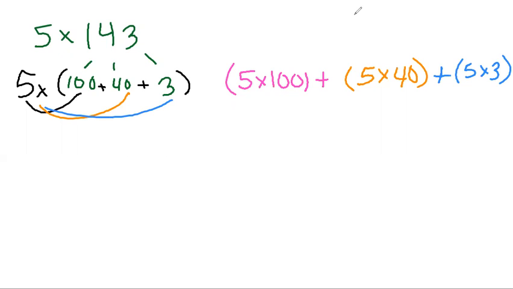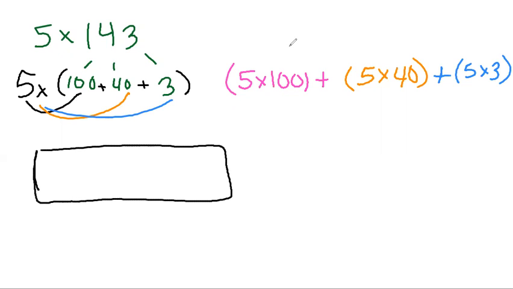I'm going to use that to help me with the box model also, because I think that's a good picture. So now that I've gotten it written out, I'm going to do my box model. Draw your rectangle. And then I'm going to have it in 3 parts, one for my 100, one for my 40, and one for my 3.